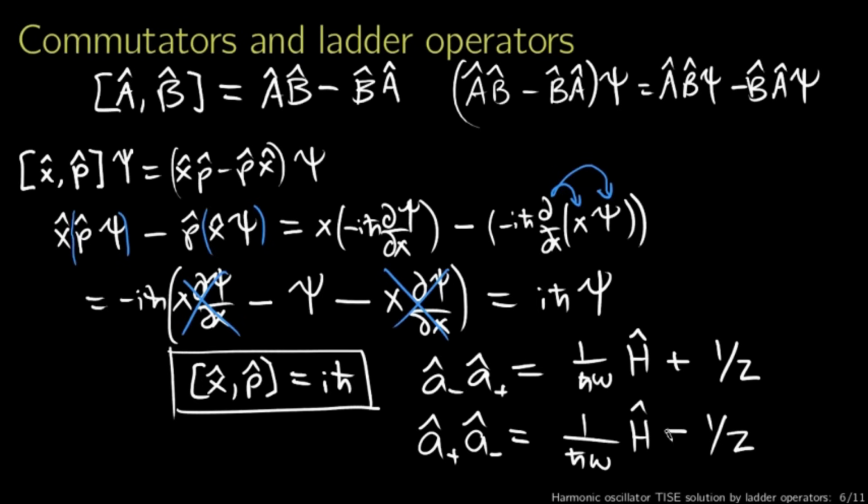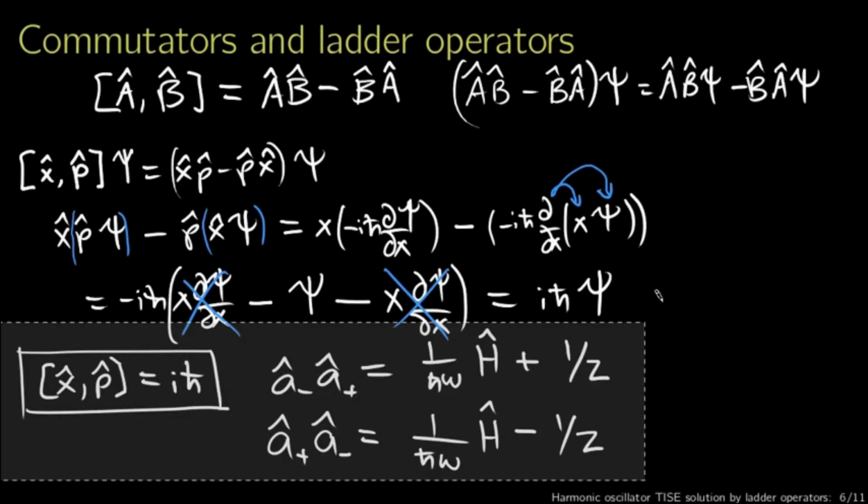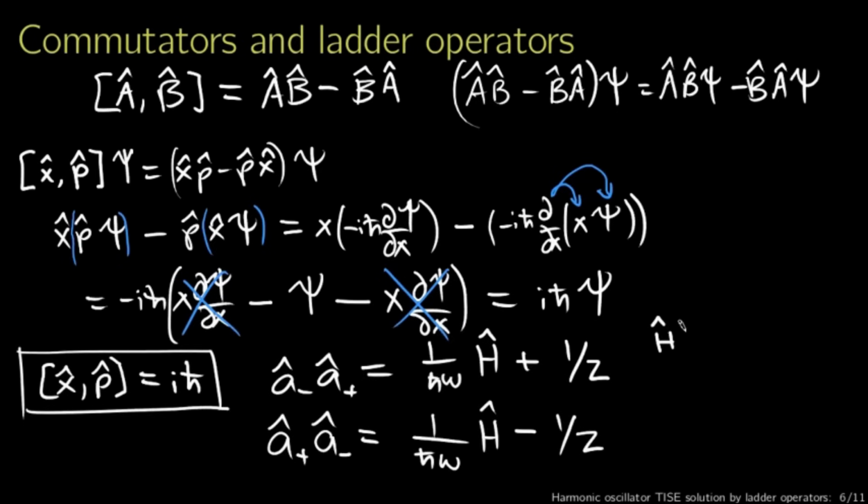What this means is we can express the Hamiltonian in terms of these ladder operators and these constants. What we get for the Hamiltonian, H hat, is h bar omega times a minus a plus operators minus a half.